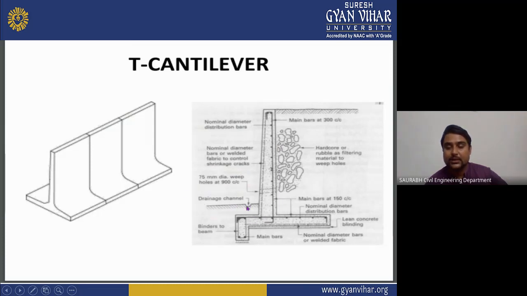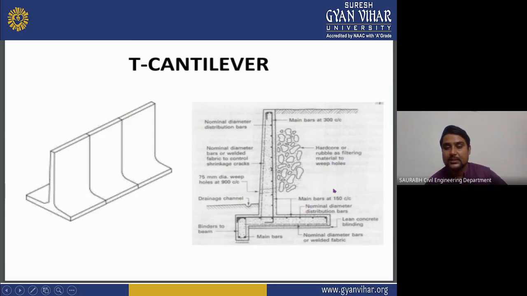As you can see here, by this drainage channel your water will be passed, and this is your main bar which is provided on the back side of the wall where thrust will work at very high intensity, and these main bars are provided at 300 center to center. And this is your hardcore or rubble filter material with the hole, as you can see here.